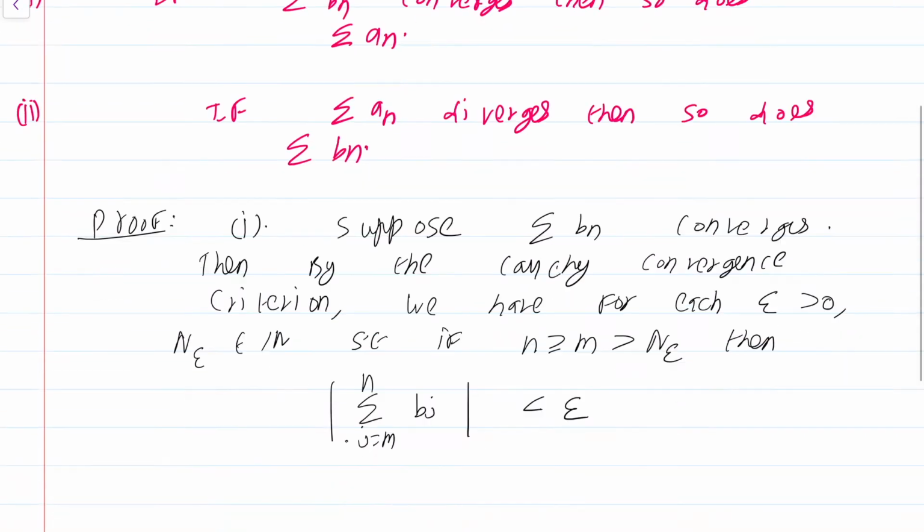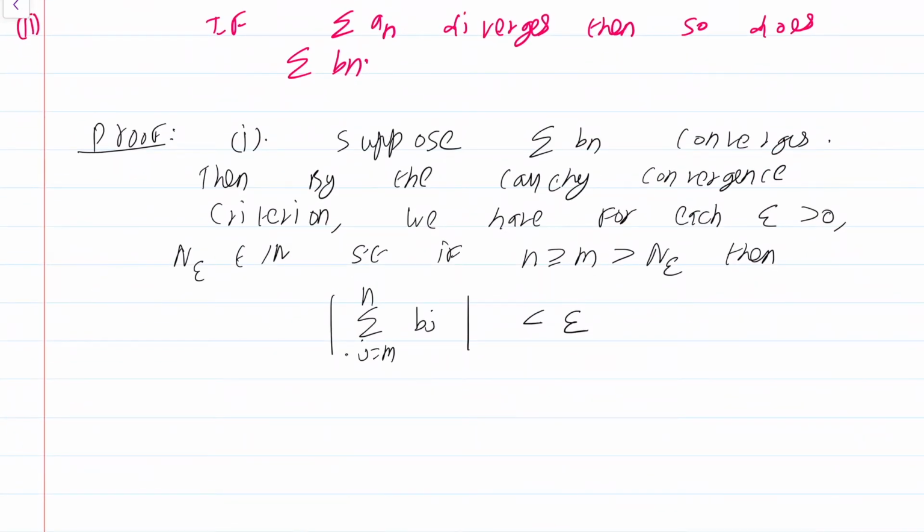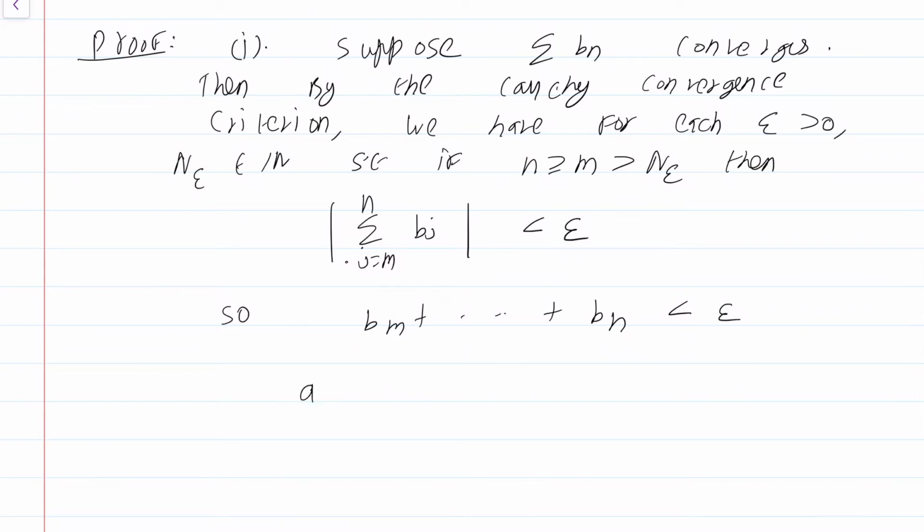But these bj's are all positive quantities. That's our assumption. So what we get is bm plus dot dot dot bn is less than epsilon. In other words, am plus dot dot dot an is also less than epsilon because this is less than or equal to this.